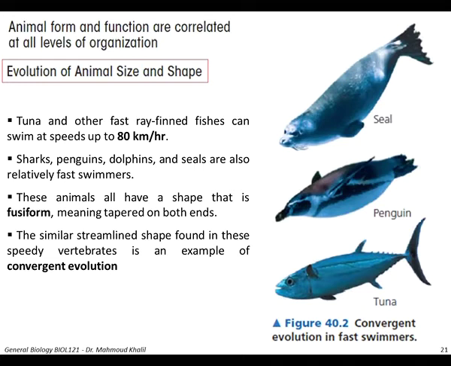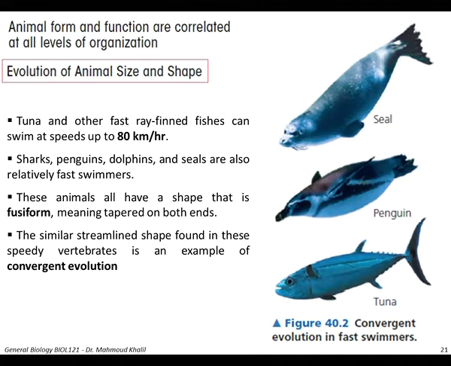So each animal tries to adapt in a way to have a fusiform shape of the body, tapered on both ends, that enables the animal to move faster.